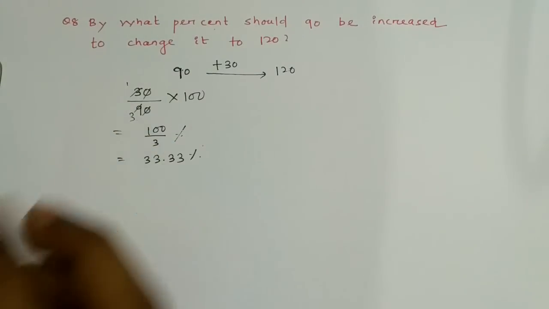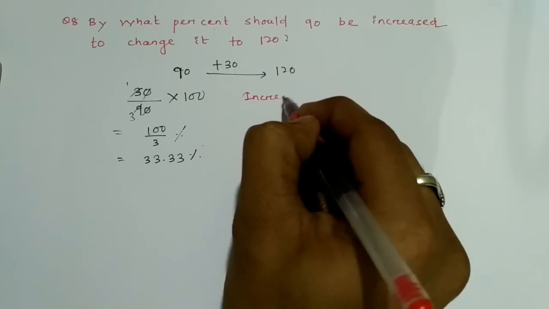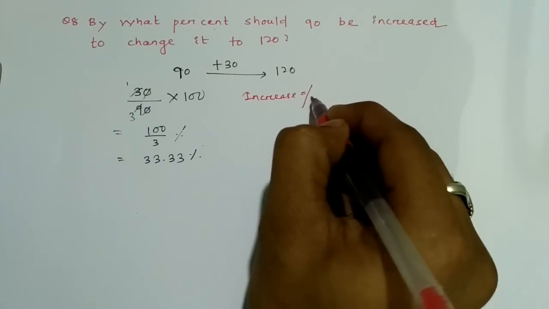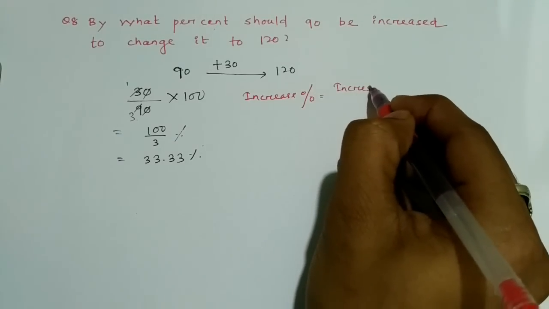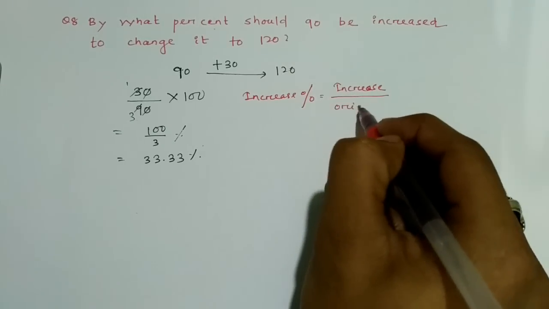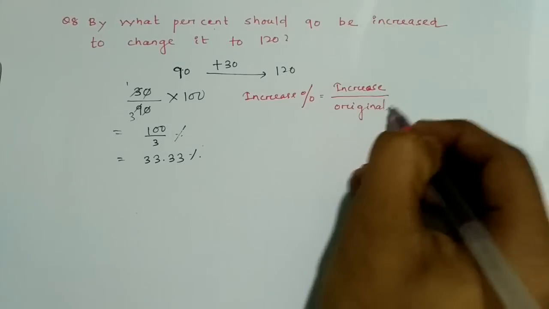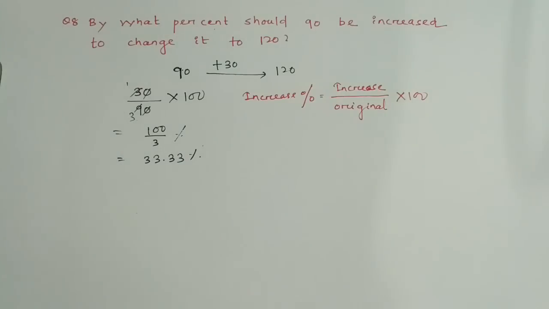But if you don't understand this method, just remember that the increased percentage is equal to the increased value divided by the original value, multiplied by 100. So what is the increased value?